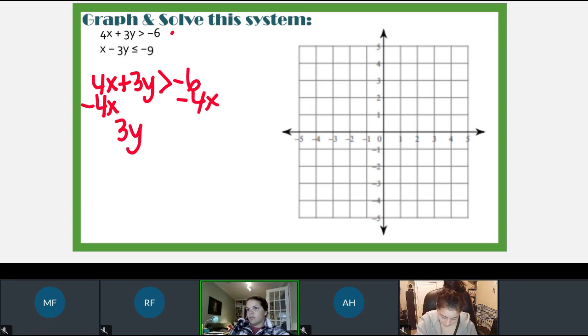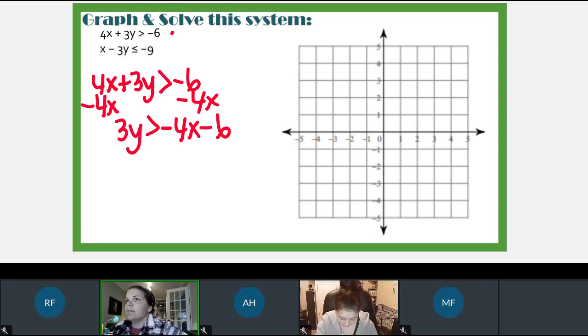So I would get 3 times y is greater than negative 4x minus 6. The reason that I cannot combine negative 6 minus 4x is that one of those has an x variable, the other one does not. Okay, so I just have to leave them as they are.